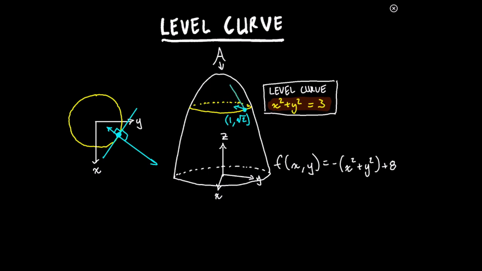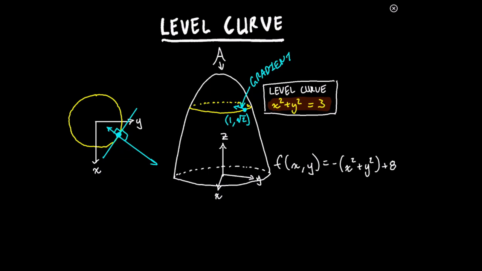Because your steepest ascent vector is somewhere up that way. That's as steep as you could go up. But this right here, this is your gradient, right? Now, it just so happens that the gradient is also always perpendicular to the level curve, right? So it should work just fine as a normal vector.